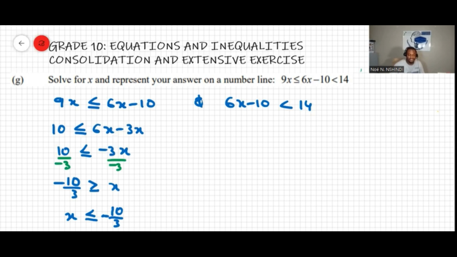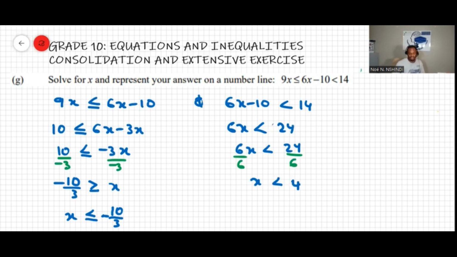On the other side, 6x minus 10 is lesser than 14, which can be written as 6x lesser than 14 plus 10, and that makes 6x lesser than 24. So we can divide both sides by 6, and then we have x lesser than 4.